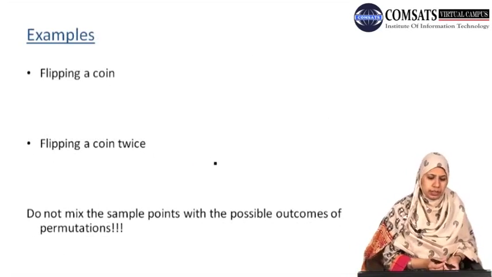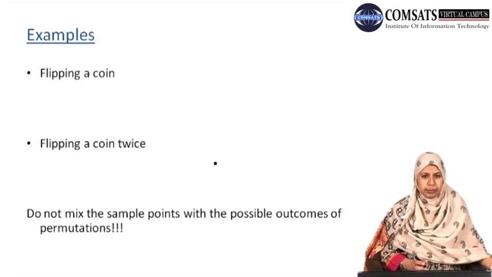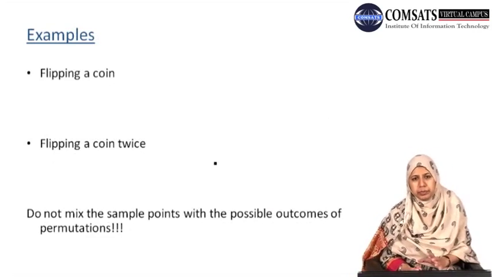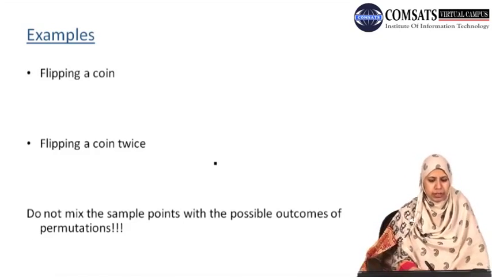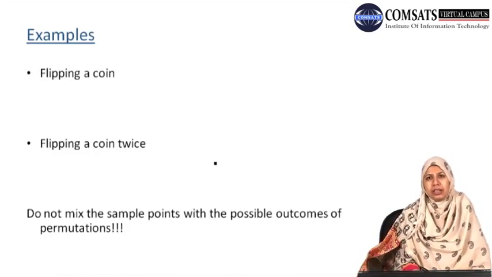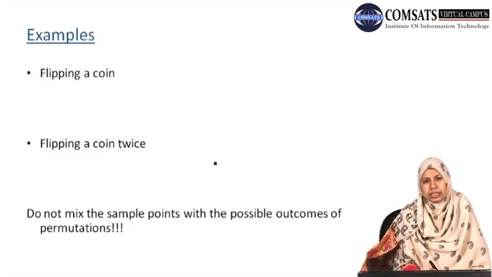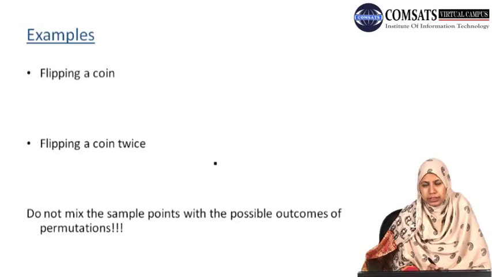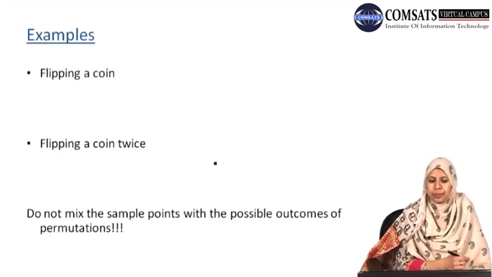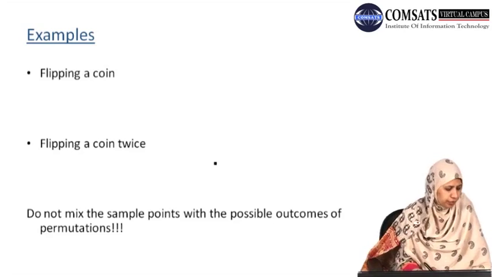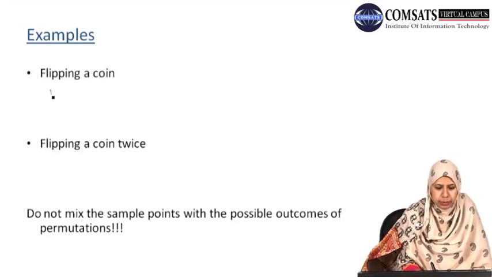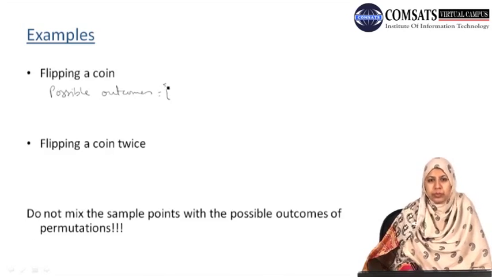For example, flipping a coin is a very simple example to understand what the sample space and the possible outcomes will be. If we flip a coin, and we consider that the coin does not lie on its edge, that is, it does not stand vertically, then there are only two possible outcomes: we will obtain either a head or a tail.